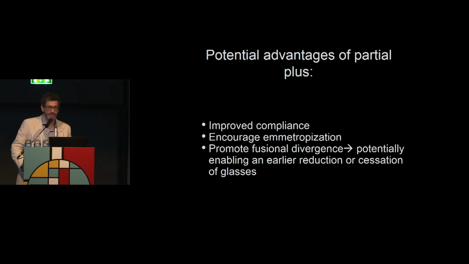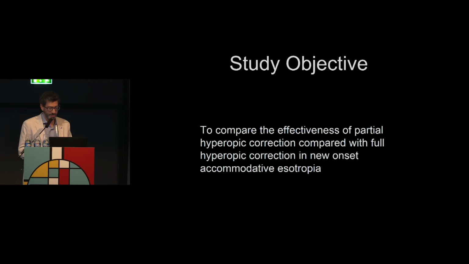We don't give them glasses, they're asymptomatic, and over time they become emmetropic or even myopic. So by not giving the full plus to our esotropes, perhaps we're encouraging that emmetropization. We may be also promoting fusional divergence in these patients, and that might lead us to have the greater ability to reduce or eliminate glasses in these patients over time.